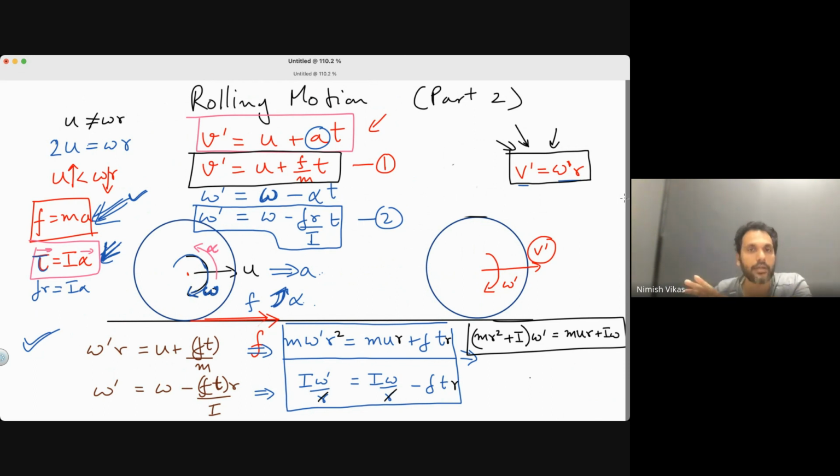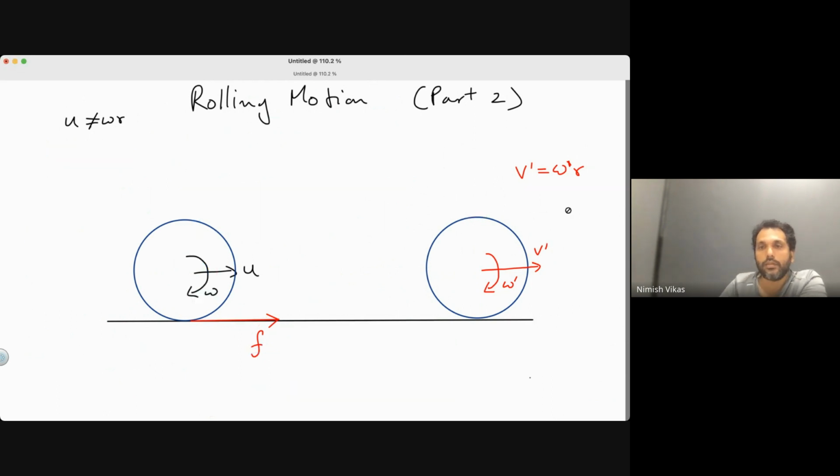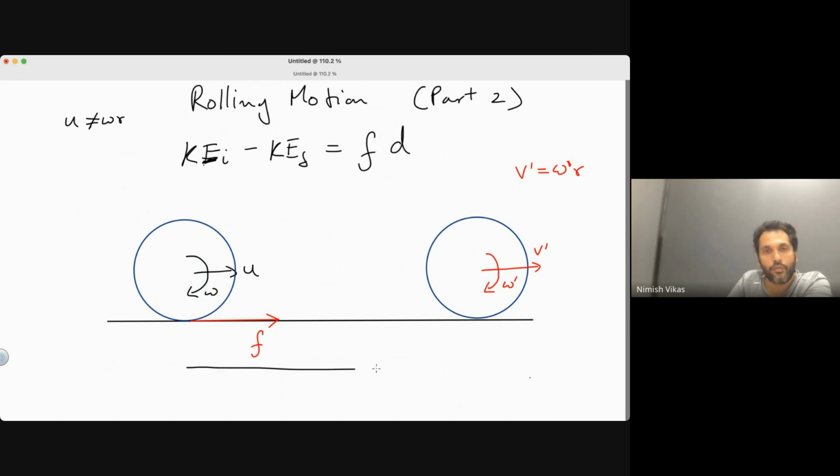If I subtract it, it is equal to the work done by the friction. So kinetic energy initially minus kinetic energy finally, this loss of energy is due to the work done by friction, F into D, where D is so much. Am I right? Am I wrong?